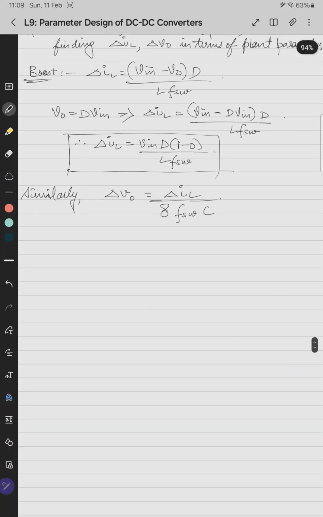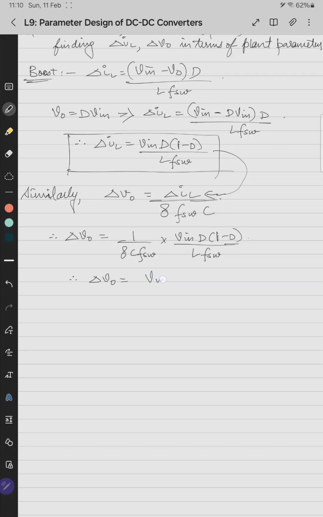And delta V naught we can substitute from here. Therefore delta V naught is 1 by 8 C F switching into V in into D into 1 minus D, divided by L into F switching. Nothing cancels and nothing can be further simplified, so it is V in into D into 1 minus D divided by 8 L C F switching square. This is for the buck converter.